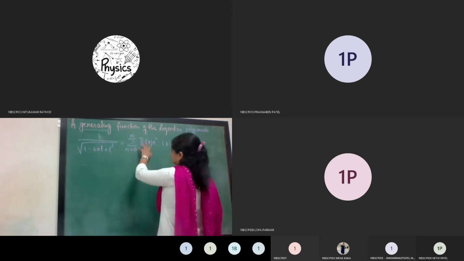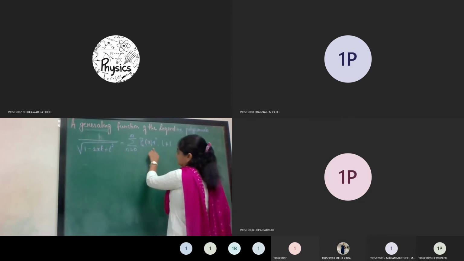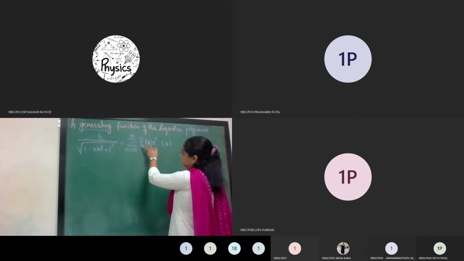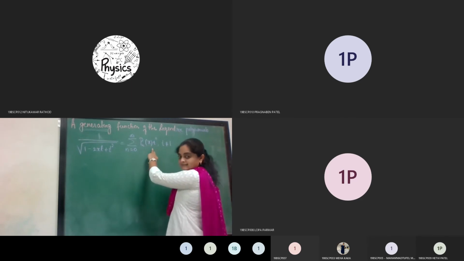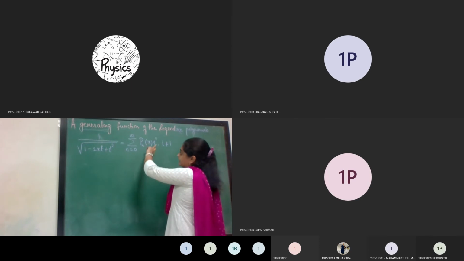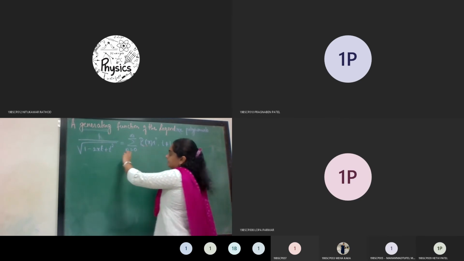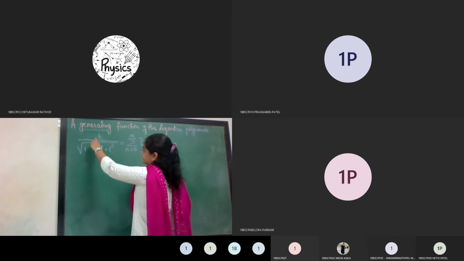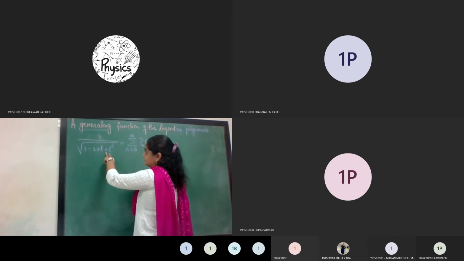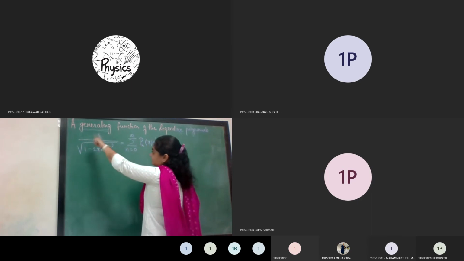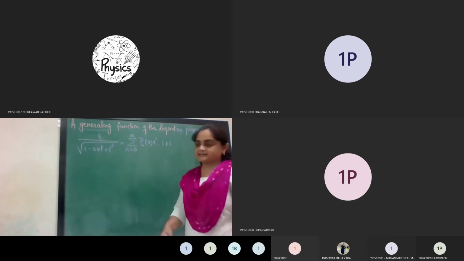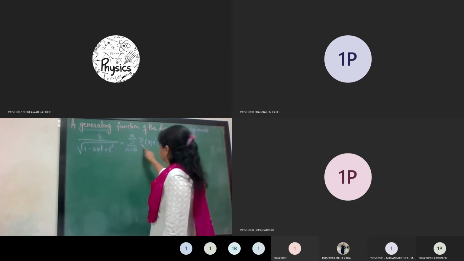You can see the coefficient of t raised to n in the entire series is Pn(x), the Legendre polynomial that we have already discussed, and these polynomials are generated by this function, 1 upon square root of 1 minus 2xt plus t square. So Pn(x) are generated by this function, and hence it is called the generating function.